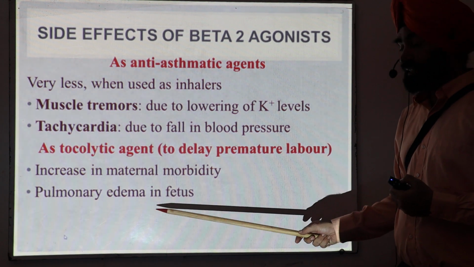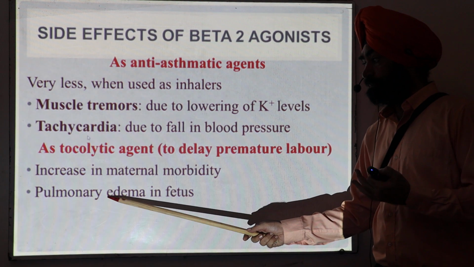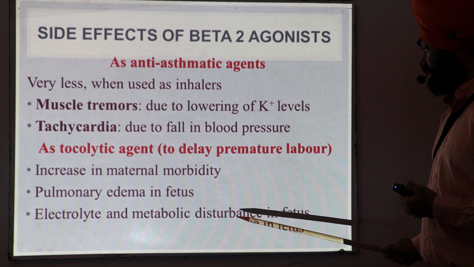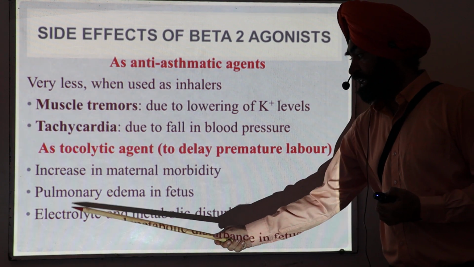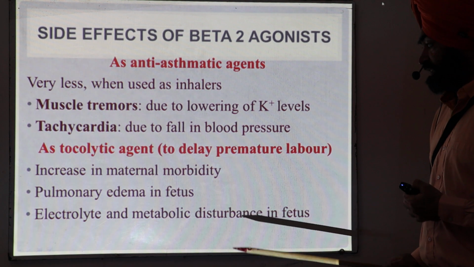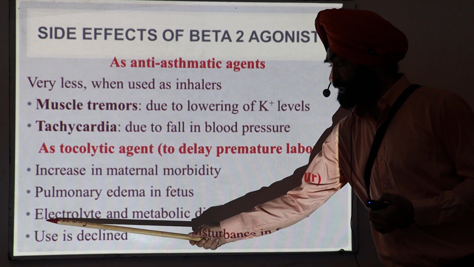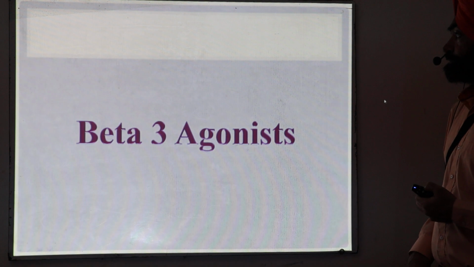In the fetus, there is accumulation of fluid, pulmonary edema, and electrolyte and metabolic disturbance, a decrease in potassium and an increase in glucose. As a result, the use of ritodrine has declined.